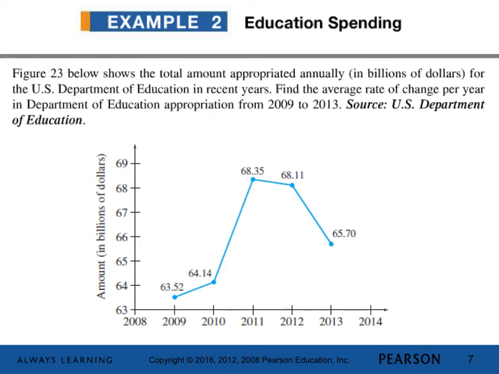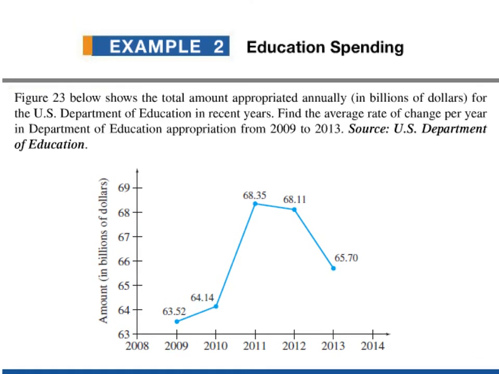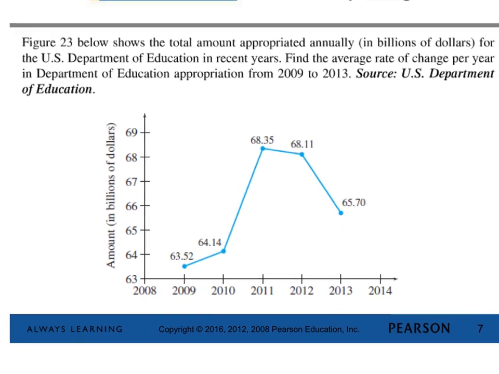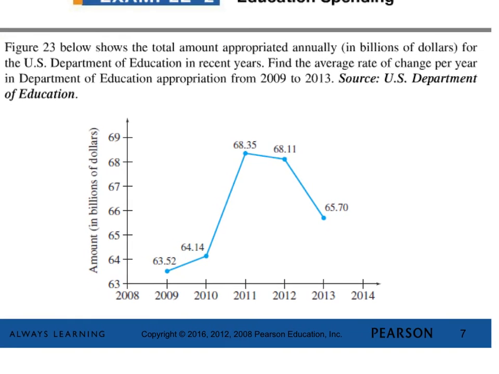So as our second example here, we're talking about education spending. And this figure shows education spending in total that's appropriated annually in billions of dollars from the U.S. Department of Education for the years 2009 through 2013.